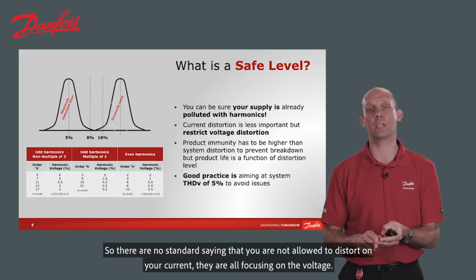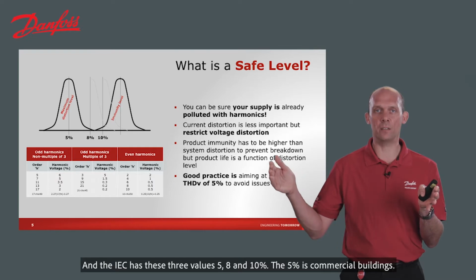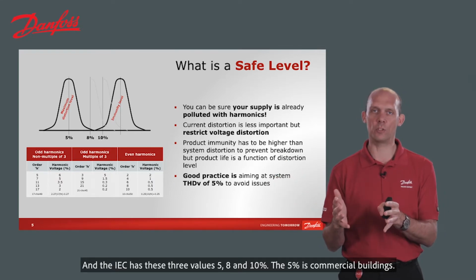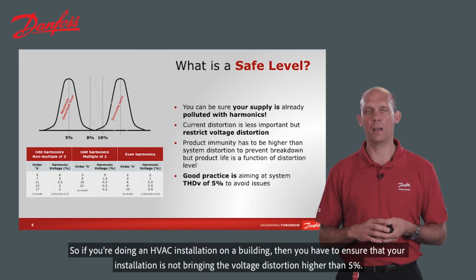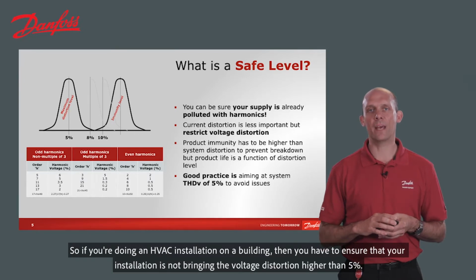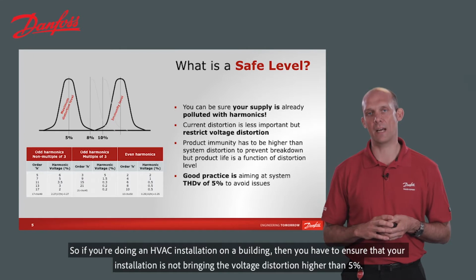They are all focusing on the voltage. And the IEC has these 3 values, 5, 8 and 10%. The 5% is commercial buildings. So if you're doing an HVAC installation on a building, then you have to ensure that your installation is not bringing the voltage distortion higher than 5%.